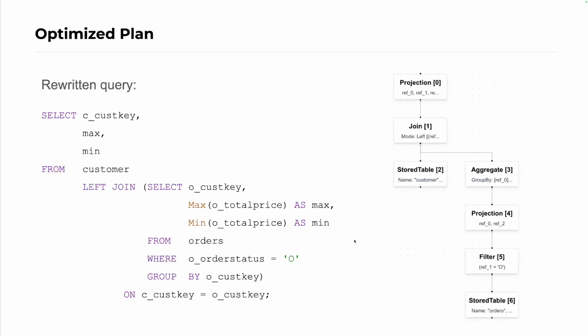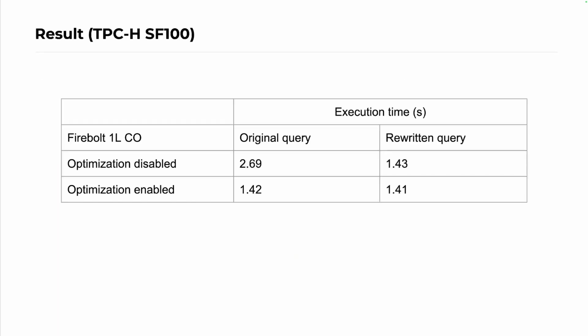All right, now let's evaluate these optimizations in Firebolt. We used TPC-H scale factor 100 data, and we started a Firebolt one large compute optimized engine. And with the optimizations disabled, running the original query, we got around 2.69 seconds.